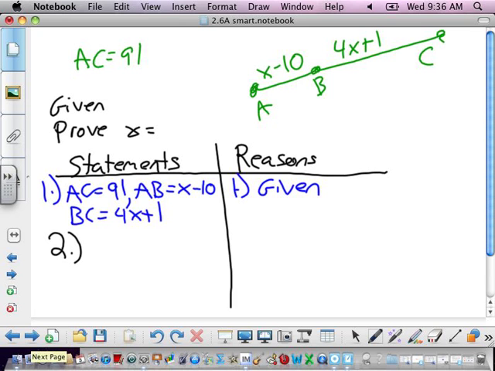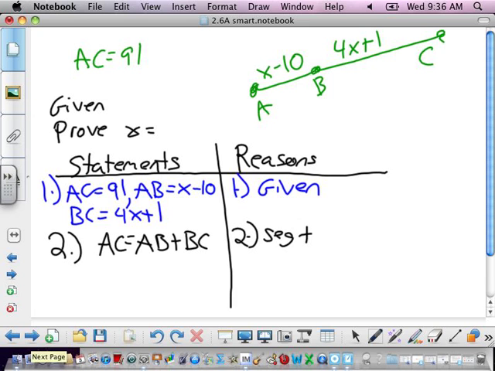What do I have up here? Do I have an angle? Do I have a circle? What do I have? Segment. Okay. I know what the whole thing is, and I have an idea for what the parts are. So what do you think I'm going to use? What kind of addition? Segment addition. I'm going to say that AC equals AB plus BC. And this is segment addition.